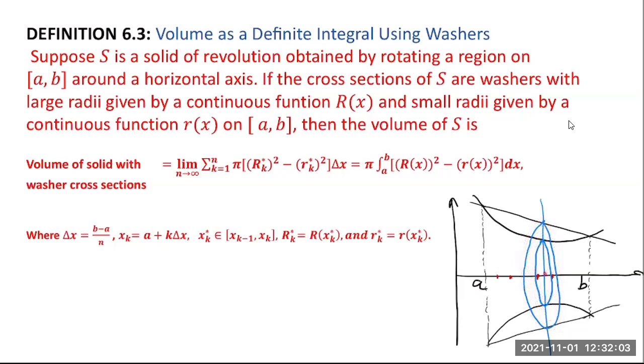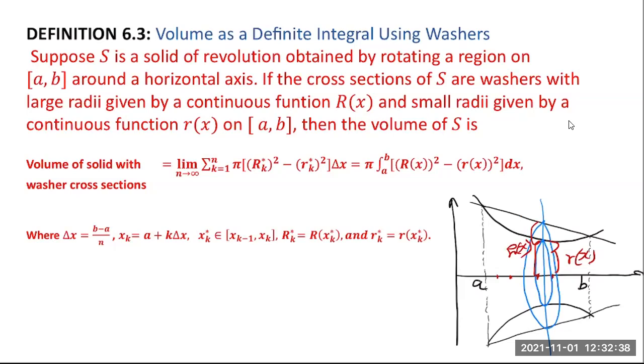Suppose this smaller radius is known, which is lowercase r of x. And suppose you also know the bigger radius, meaning this radius. That is uppercase R of x. Let me actually write it. Let's say the smaller radius is lowercase r of x, and the upper radius is uppercase R of x.